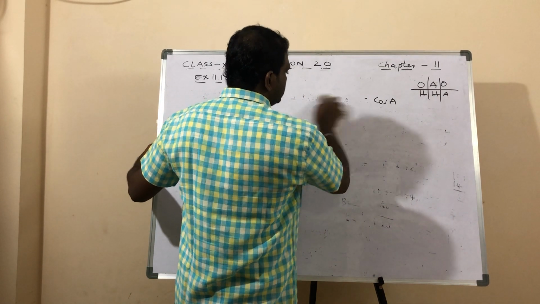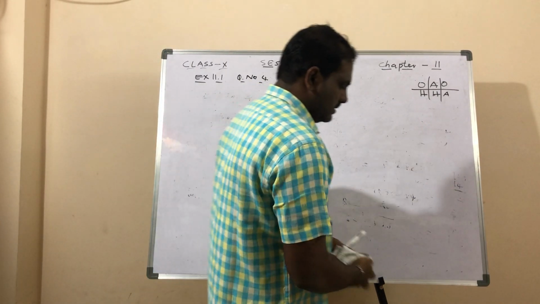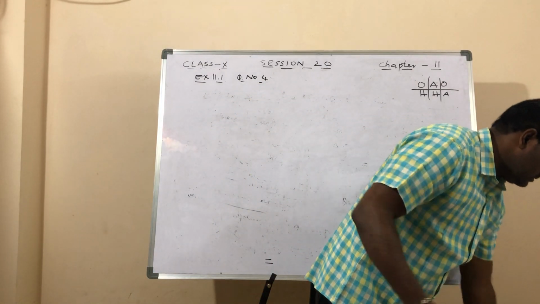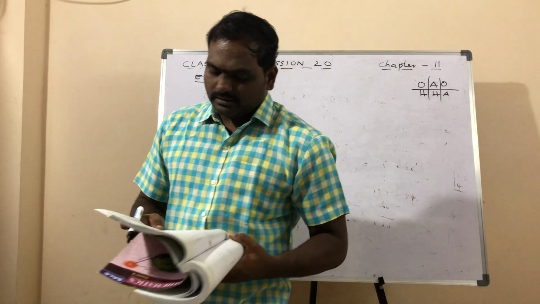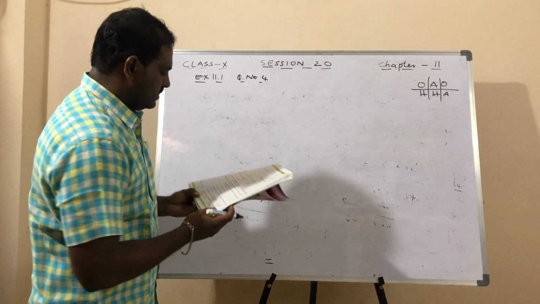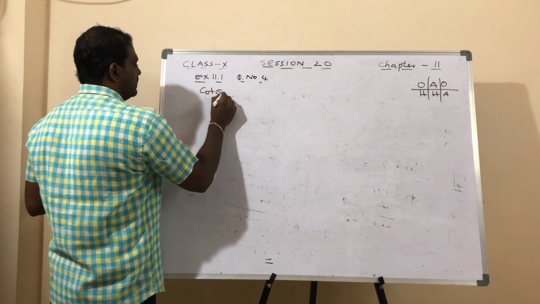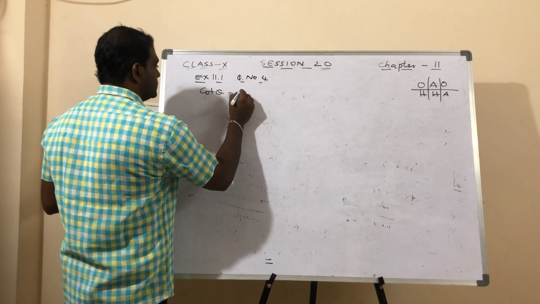Now I'll explain another question. So all the questions are the same type of model. Now look at the question. Cot theta is equals to 7 by 8.